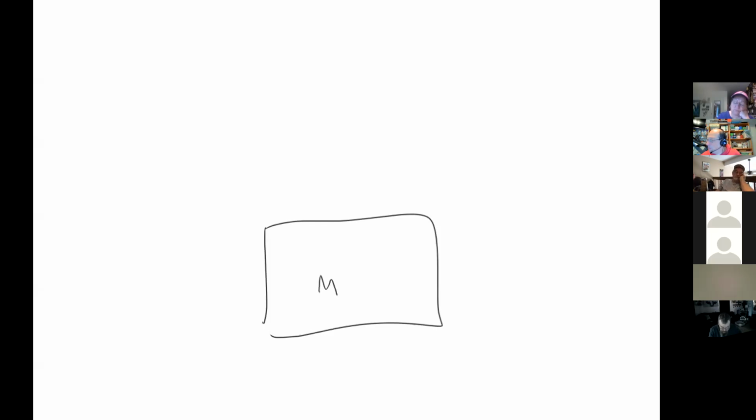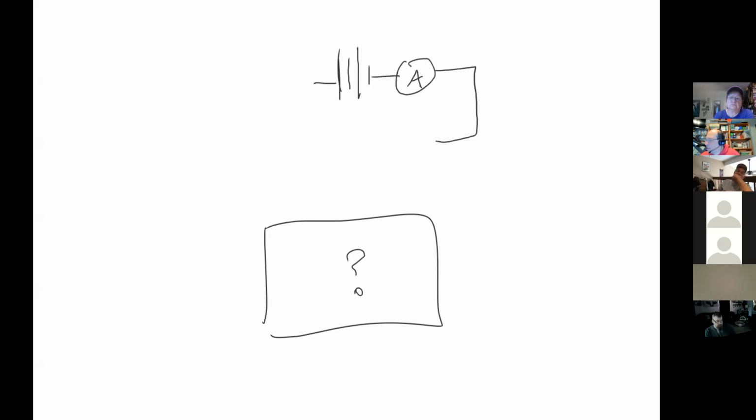What is probably happening when an ohm meter connected across an unpowered circuit initially indicates a low resistance and shows increasing resistance with time? Okay, so we're going to have a mystery circuit right here, and we're going to represent this with a question mark. An ohm meter, again, consists of a battery and an ammeter, and we're going to connect it to this mystery circuit.